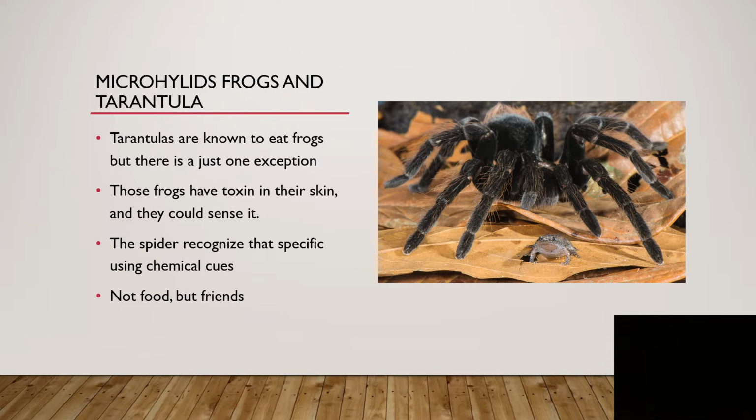They tested it, and the end result was that the spider would pick up the chemical cues of its friend, the friendly frog. So it ended up examining the camouflaged frog, smelling it, and then releasing it after sensing the chemical cues of a friend.